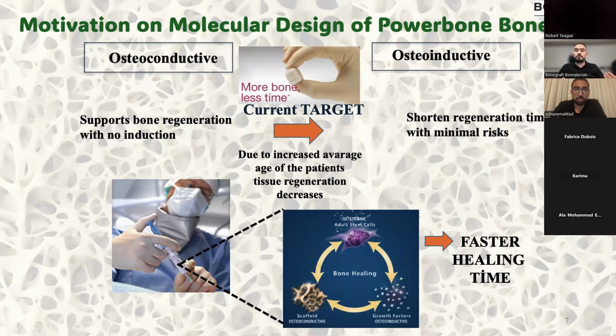So our motto was more bone in less time. In clinical perspective, we're going to see regeneration in a faster time period. So we set our goal in that regard and did our research to set our molecular formulation.